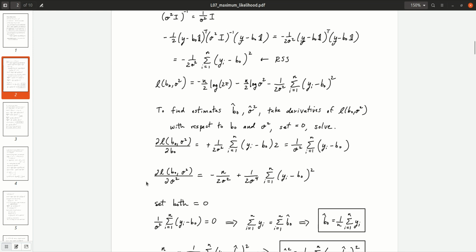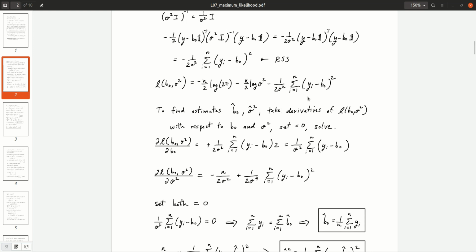Here we're going to take a partial derivative with respect to the quantity sigma squared. It turns out that's an easier calculation than taking the derivative with respect to sigma. So if we look at this, this part goes away. Then we have minus n over 2 log sigma squared. Now the derivative of the log is going to be 1 over the thing. So we're going to get minus n over 2 times 1 over sigma squared. That's here.